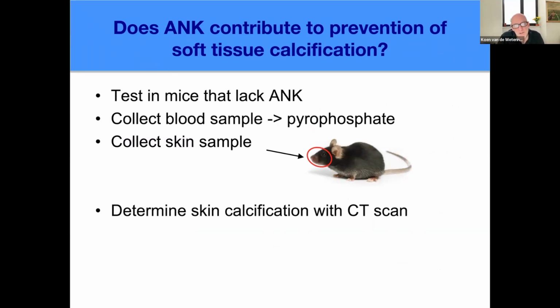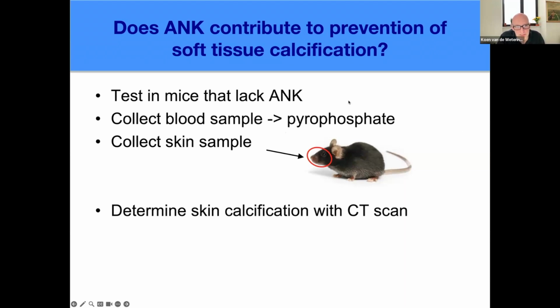And to test that, we used mice that don't have ENK. So we have mice that don't have ABCC6, but we also have mice that don't have ENK. And what we did is we collected blood samples of the mice that don't have ENK, and we tested for the amount of pyrophosphate.